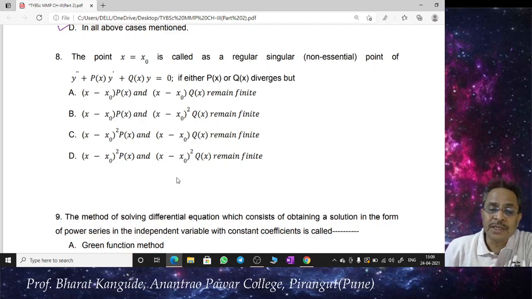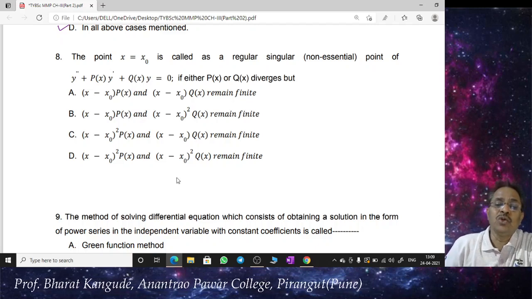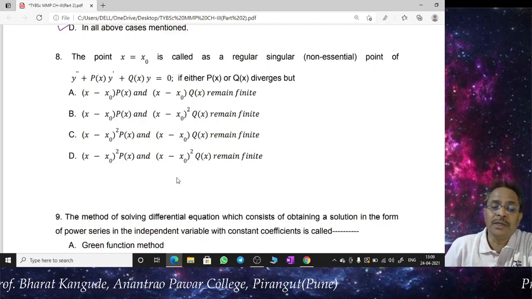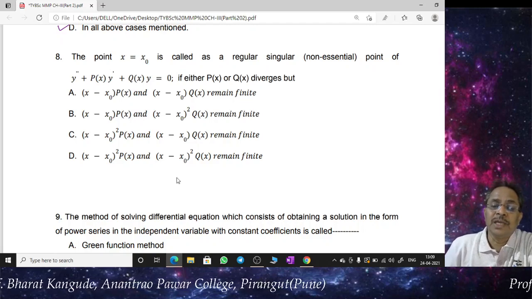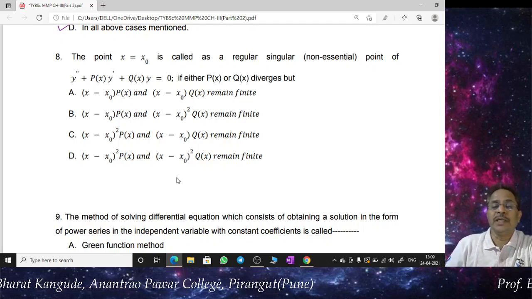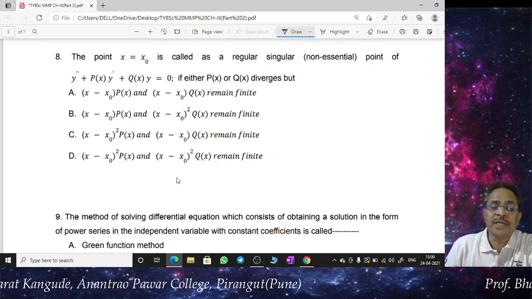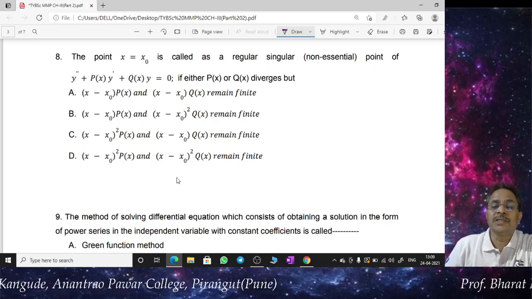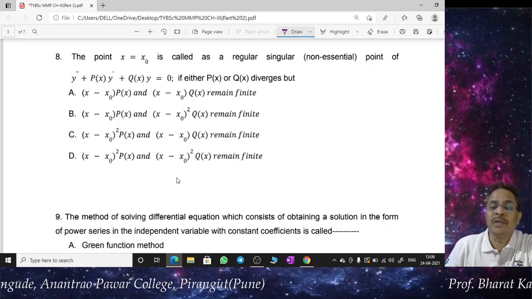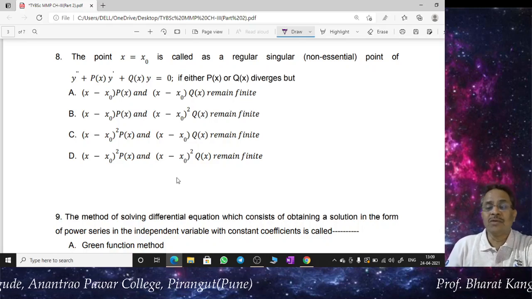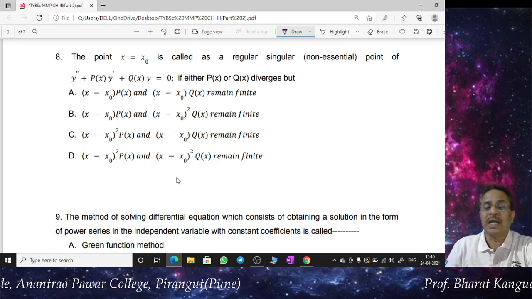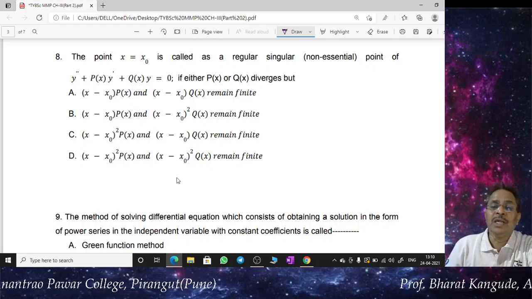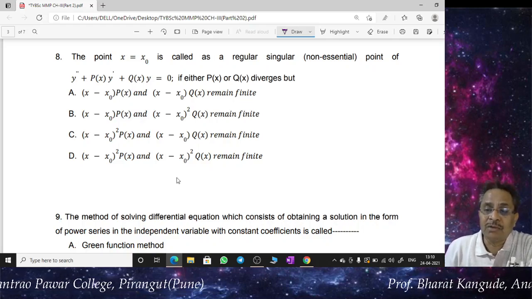Option C is x minus x0 square into p of x and x minus x0 into q of x remain finite. Option D is x minus x0 square into p of x and x minus x0 square into q of x remain finite. That means if this singular point x0 is replaced there, and if I go for either of these calculations which remain finite, then such a point is called the regular singular point.